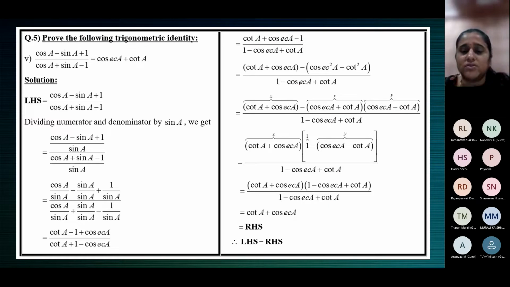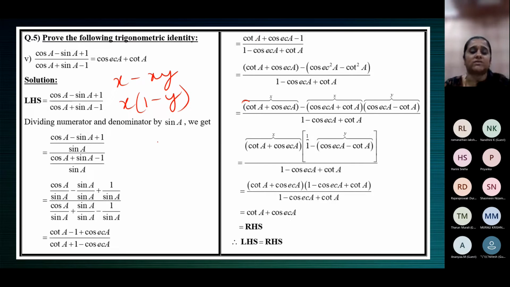That's the next step. Then you have something common in the two terms. I've just called this one X. So X is common. If you take out X common, you'll get 1 minus Y in the bracket. That's what it is here.